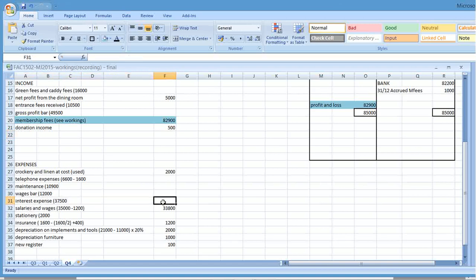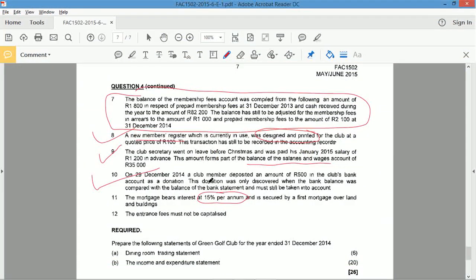Interest expense, there it is. 37,500 times 2 is 75,000, so you'd have to double this, plus another 37,500.